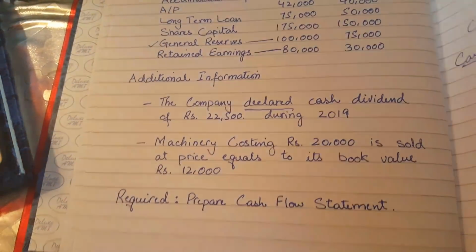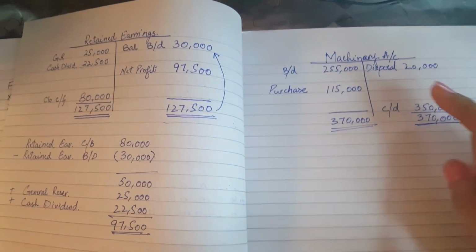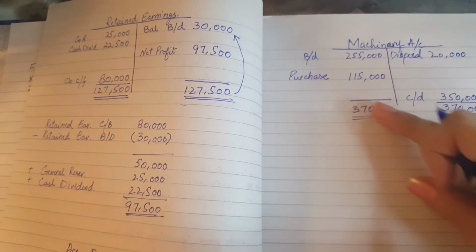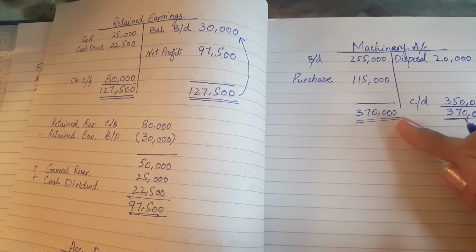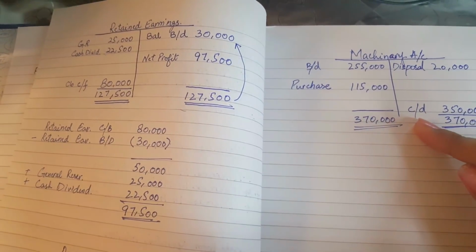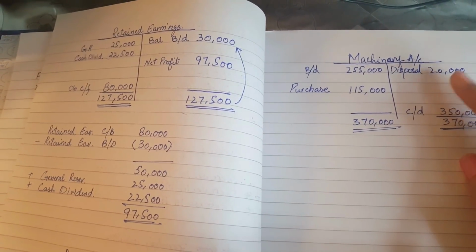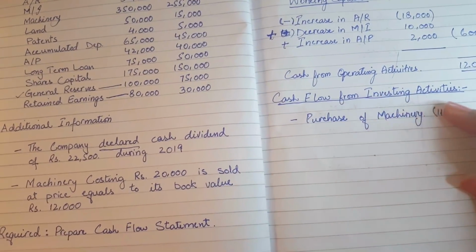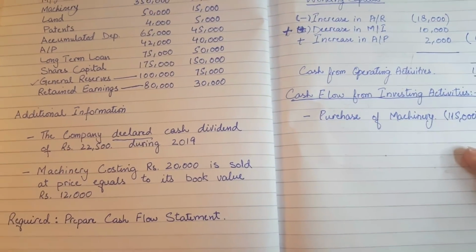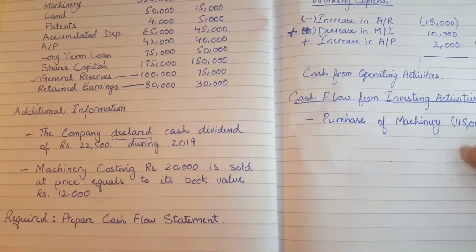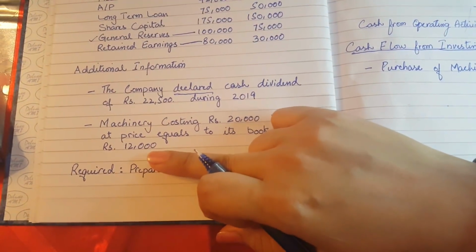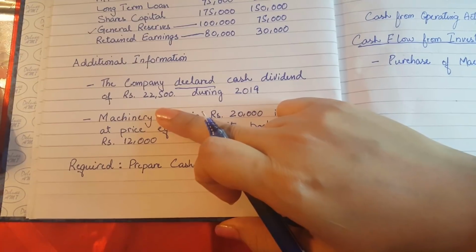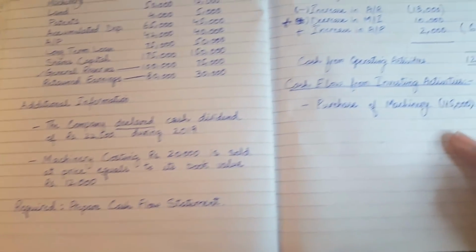In the machinery account we took the 20,000 value, because the machinery account was maintained at historic cost. That's why we took the historic cost. But now, when we are calculating the cash flow from investing activities, we will only take the direct cash that we are receiving, and this is the amount of 12,000 that we actually receive for the sale of this machinery item. So we will write here 12,000, not 20,000.